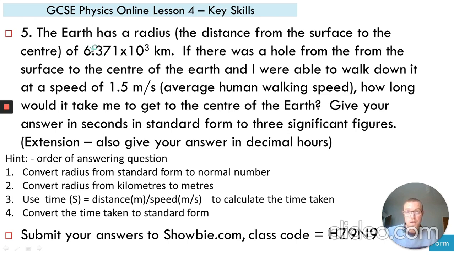So it'll be a number between 1 and 10 multiplied by a power of 10. And make sure that your answer only has 3 significant figures. Okay, good luck. I wish you all the best of luck with that. Honestly, if you just go through the steps step by step, you should be able to do it. It shouldn't be too bad.